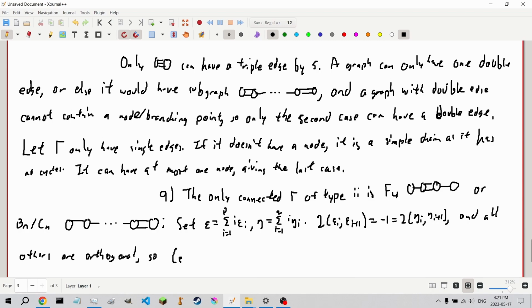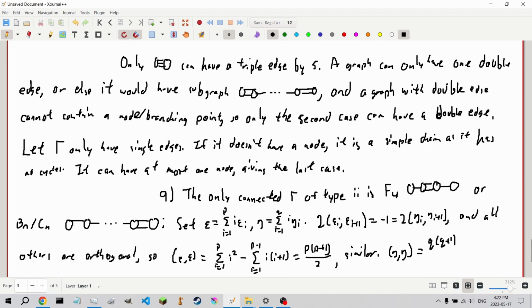So the form of epsilon with itself is the sum from 1 to p of i squared minus the sum of i from 1 to p minus 1 of i times i plus 1, which is equal to p times p plus 1 over 2. And similarly, the form of eta with itself is q times q plus 1 over 2.